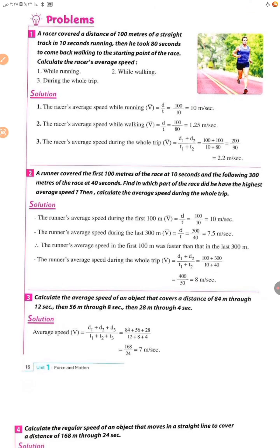The racer's average speed while running: average speed equals distance over time, 100 over 10 equals 10 meter per second. The racer's average speed while walking: velocity equals distance over time equals 100 meter over 80 equals 1.25 meter per second.